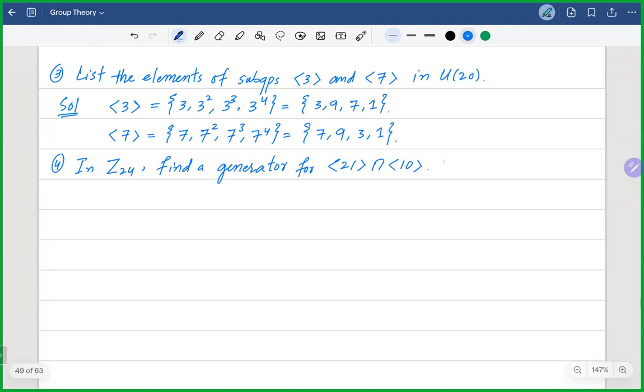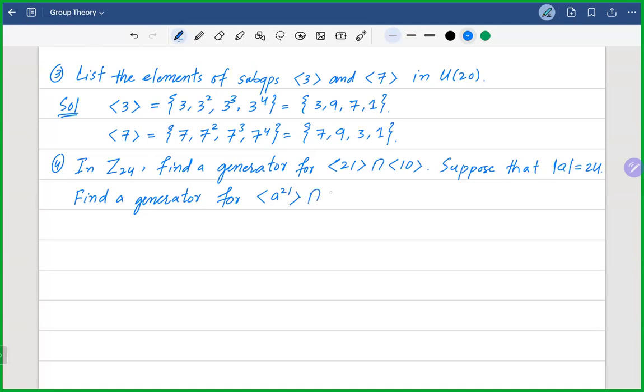Now, suppose that there is an element A which has order 24. Now we need to find a generator for the set generated by A power 21 intersection A power 10.